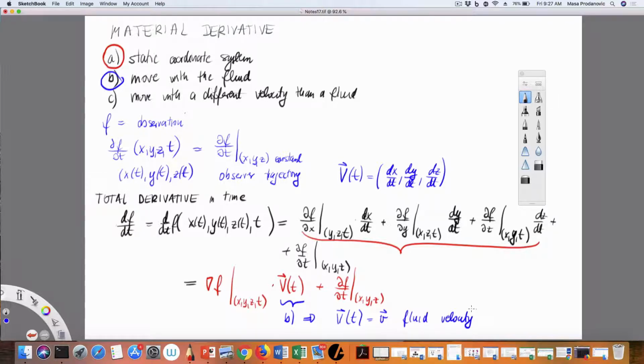And in that case, I refer to this total derivative of f as the material derivative. It's also called the substantial derivative or hydrodynamic derivative. So in that case, df dt, and I have this uppercase D that you will see a lot in literature, is partial f partial t plus v, the velocity of the fluid, dot gradient of f.